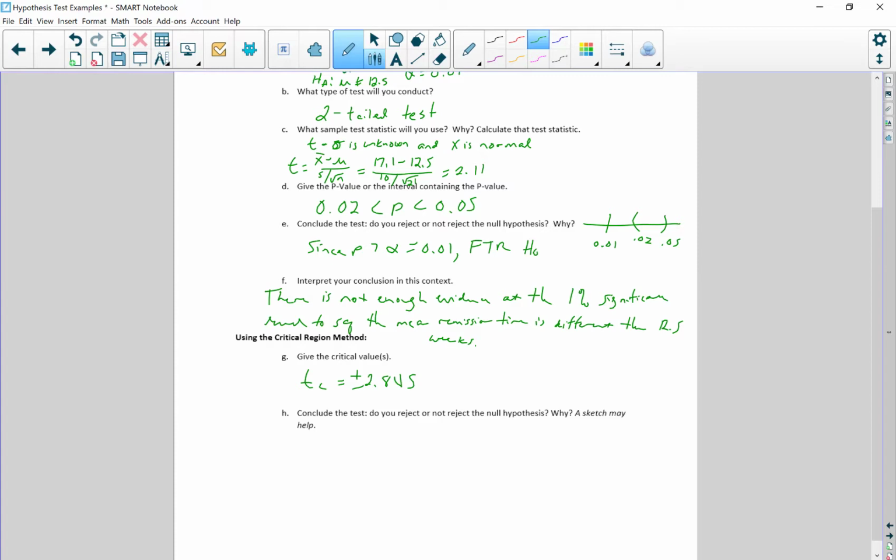So then conclusion, same process we did with the z-statistic. Sketch your t-distribution, plot your critical values. So TC is 2.845 negative, and TC is 2.845 positive. And then your test statistic, in this case 2.11. So this is your rejection region here. This is your rejection region. Here's DNR, and 2.11 falls in here.